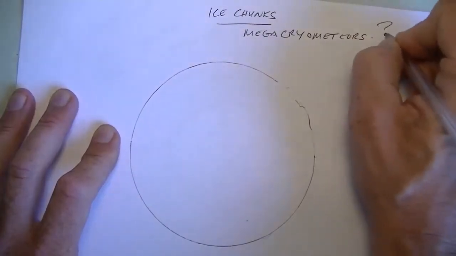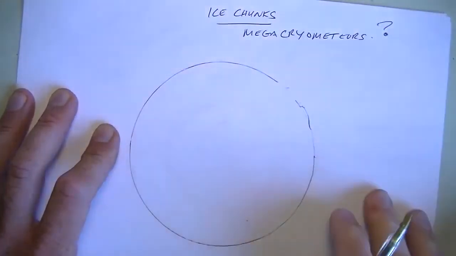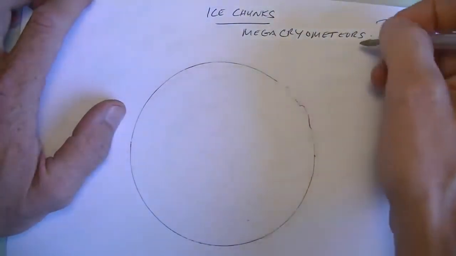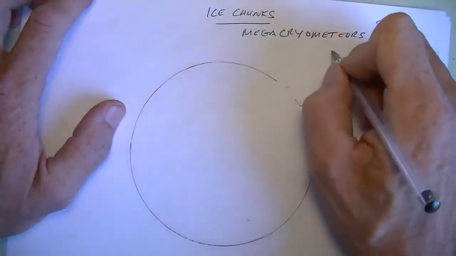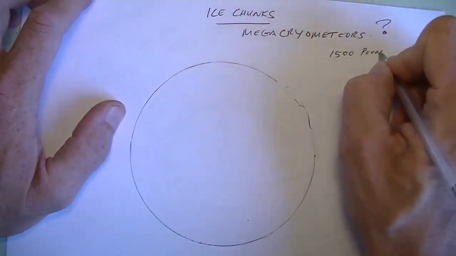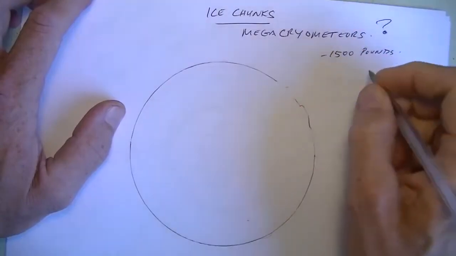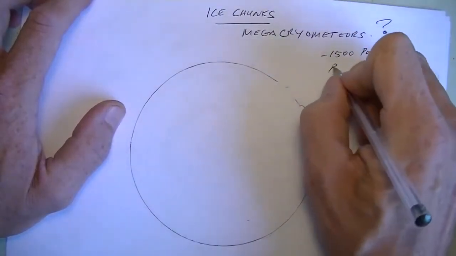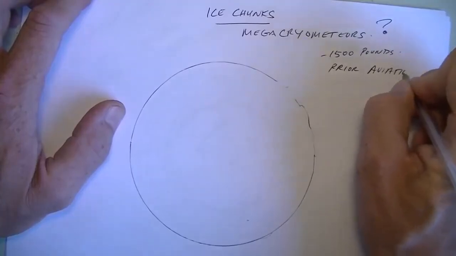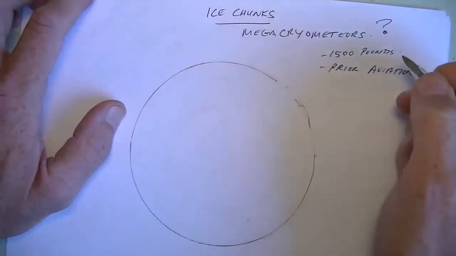It's a big mystery, the origin of where these megacriometeors are coming from, because some weigh as much as 1,500 pounds, and they have been falling for centuries, prior to the invention of aviation. Okay, so they're not falling from airplanes.